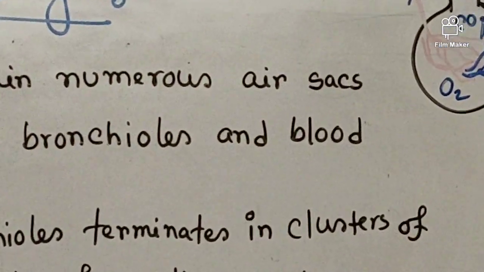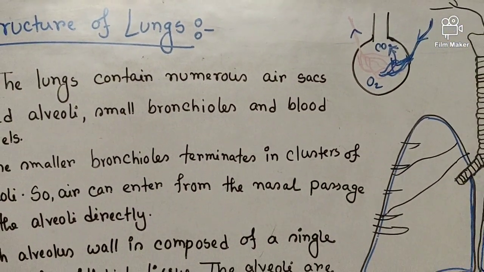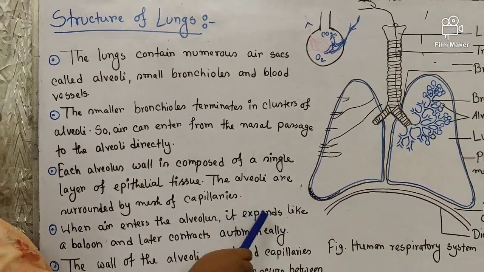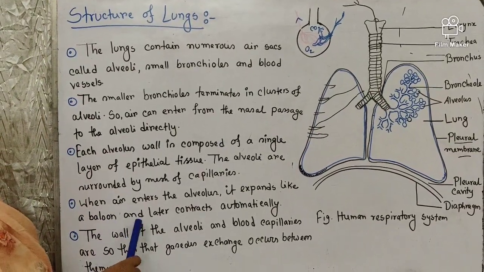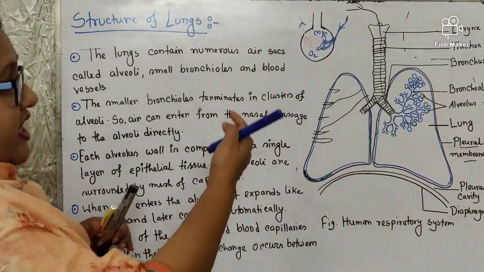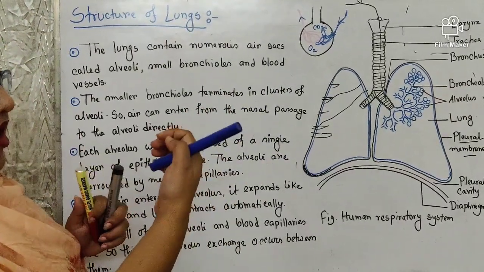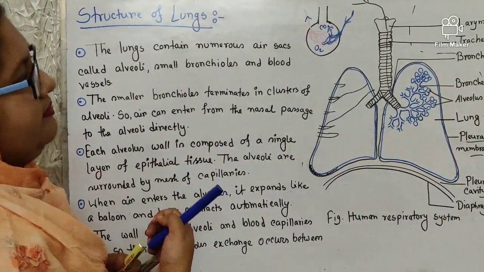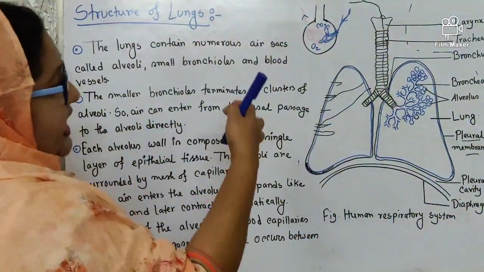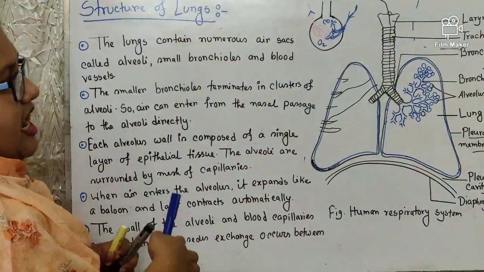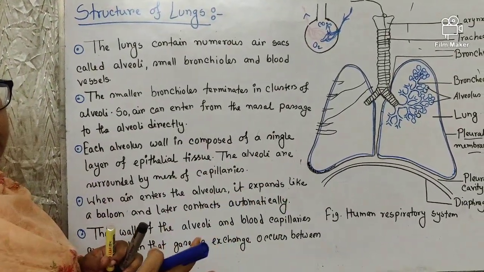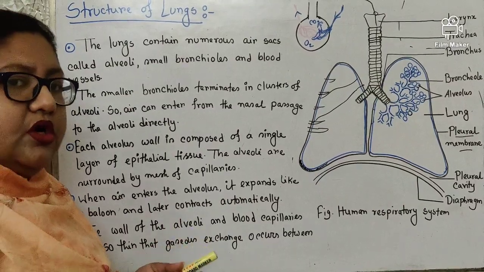So what is written here? When air enters the alveolus, it expands like a balloon and later contracts automatically. Okay. When the oxygen enters into the lungs and the alveolus are filled with air, it expands like a balloon, but it contracts automatically.